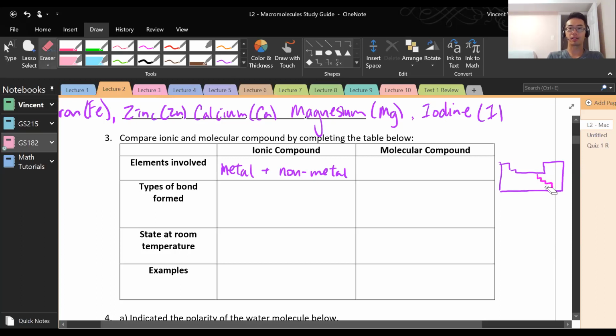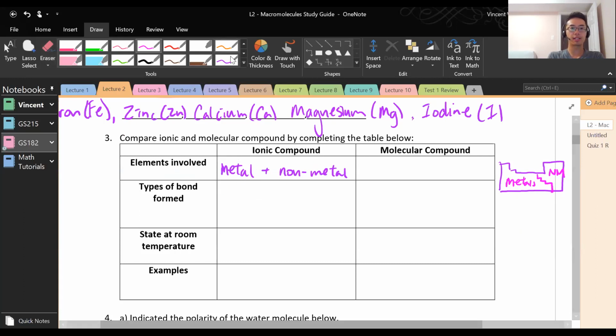Generally speaking, the elements on the left of the staircase are the metals. And then over here, these are the non-metals. So if you take something on the left side, so to speak, and you combine it with something on the right side, then you are going to form an ionic compound.